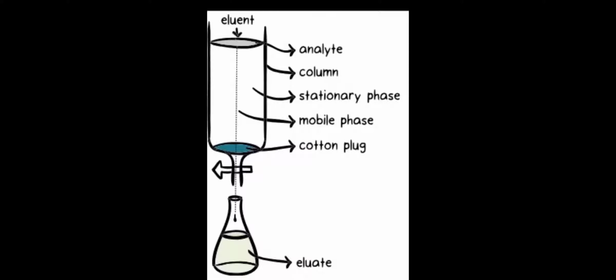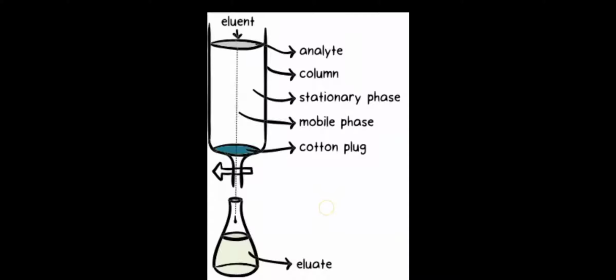So whatever components have affinity to adhere to the stationary phase, they adhere. The rest of the components of the sample move with the eluate, with that inert mobile phase. So basically the sample is divided into two parts, some in the stationary phase and some in the mobile phase.